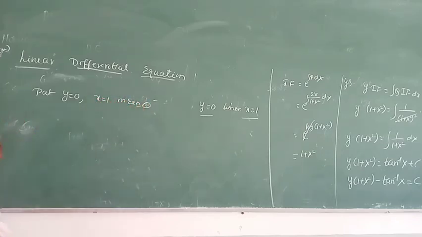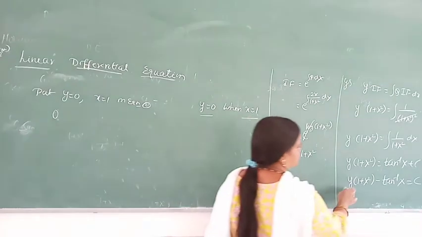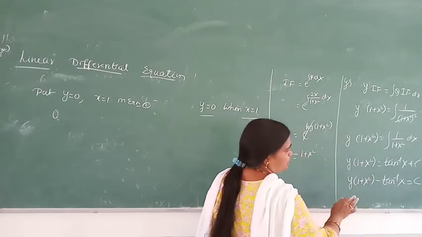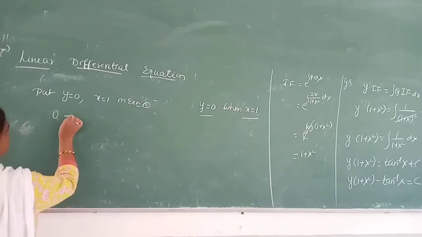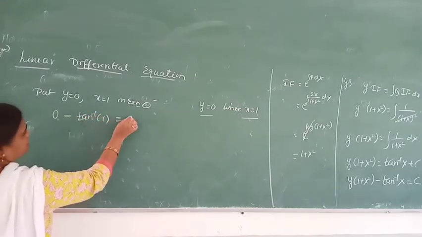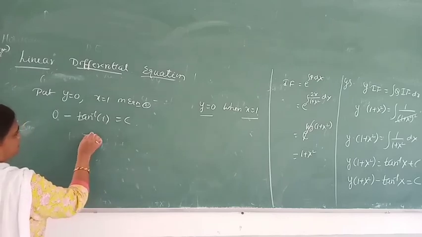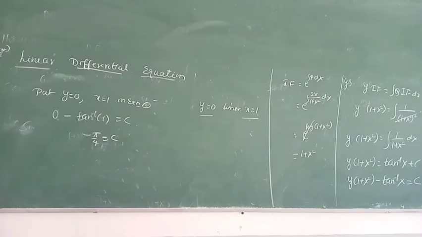Okay, in equation 1, substitute y equal to 0. 0 into anything is 0, minus tan inverse of x, where x is 1, equal to c. And this is minus pi by 4, since tan inverse 1 is pi by 4.